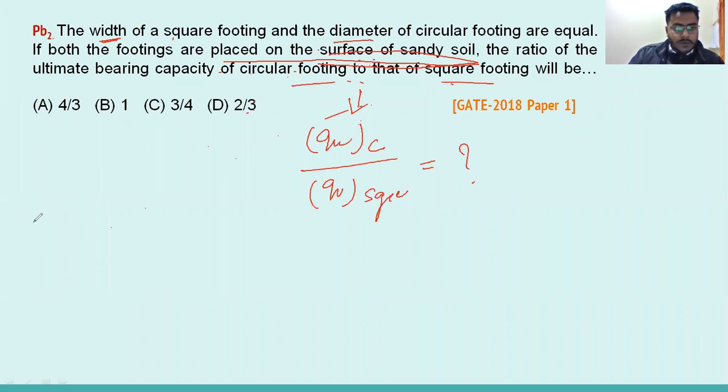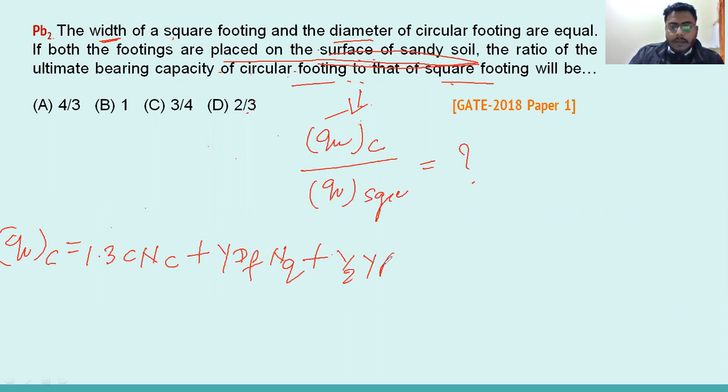Okay. So let's calculate the ultimate bearing capacity for a square and for a circular footing. We can write 1.3 c Nc plus gamma Df Nq plus 0.3 gamma B N gamma. In this case, it is sand, so c is equal to 0, and this will be 0.